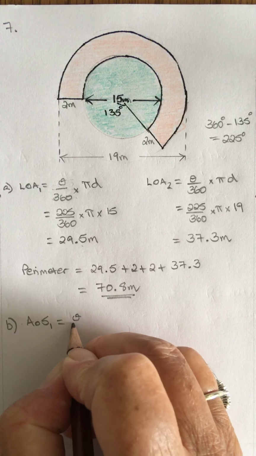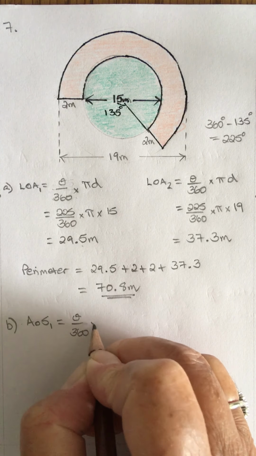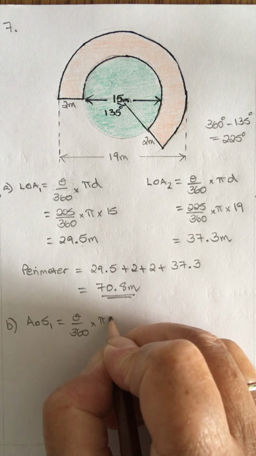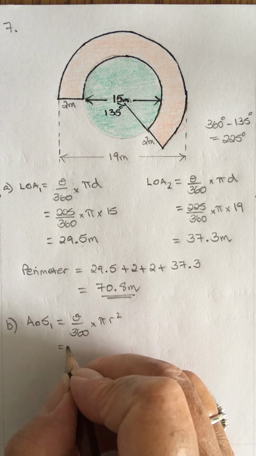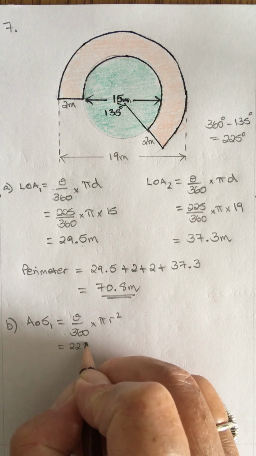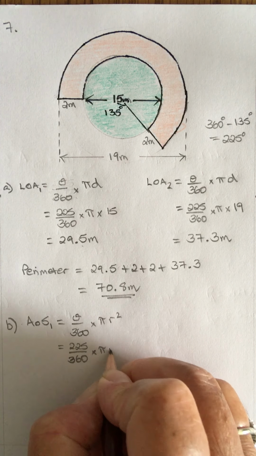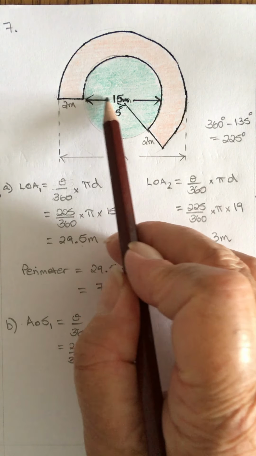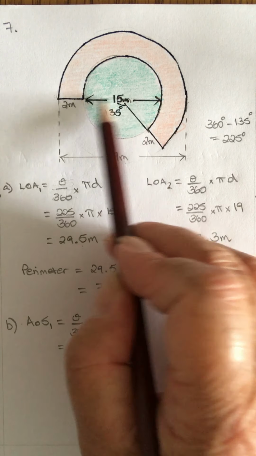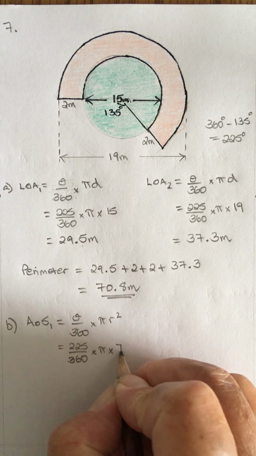The area of a sector is theta over 360 times pi r squared. Our angle's still the same, 225 over 360 times pi times the radius of the smaller circle. The diameter is 15, half of 15 is 7.5.